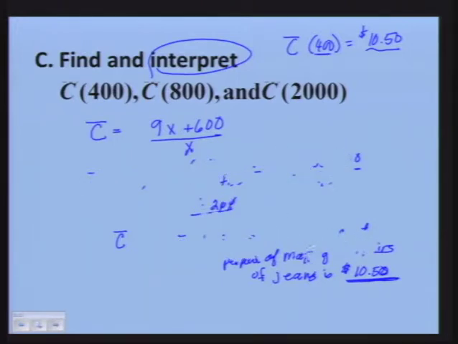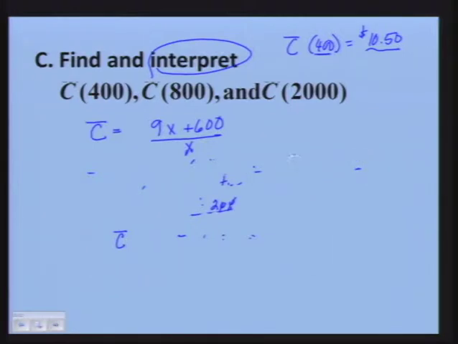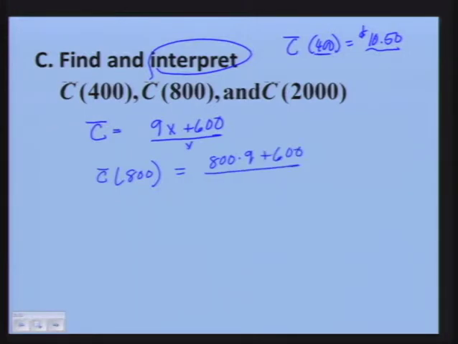We make 800 pairs of jeans. Do we expect the cost of jeans to go down per pair? So our C bar of 800 equals 800 times 9 plus 600 divided by 800.